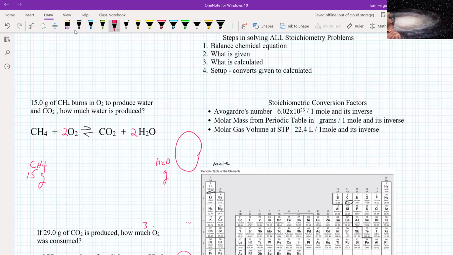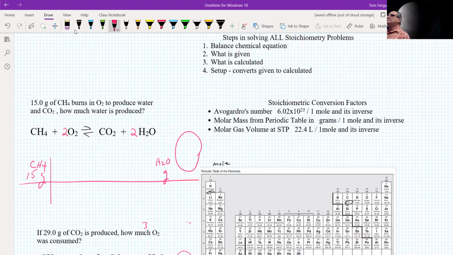Now the setup. Remember, there are 3 parts to the setup all the time. Step 1 is to get what you're given to moles. How do we go from grams to moles? Molar mass, right, from the periodic table, not the 6.02. So grams to moles comes from the periodic table.